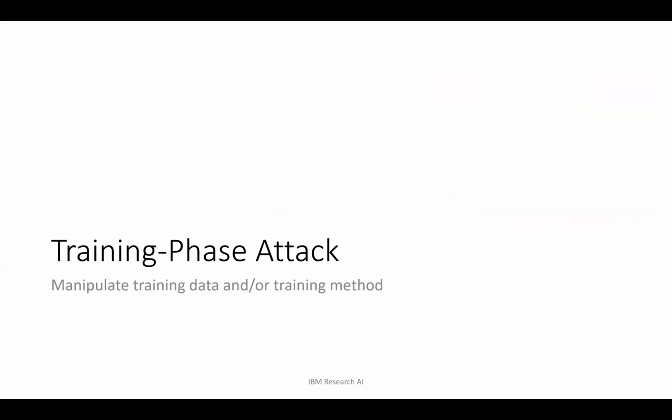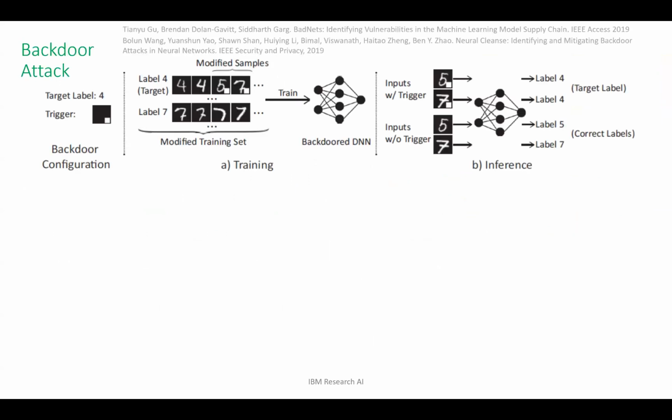Similarly, for the training phase attack, the attacker would like to manipulate or change part of the training data such that whatever model is trained on that data will carry certain properties that can be exploited by an attacker. Backdoor attack is a typical example, where the attacker injects a trigger pattern, like the white square pattern on the bottom right side of the image that we show, attached to parts of the training data.